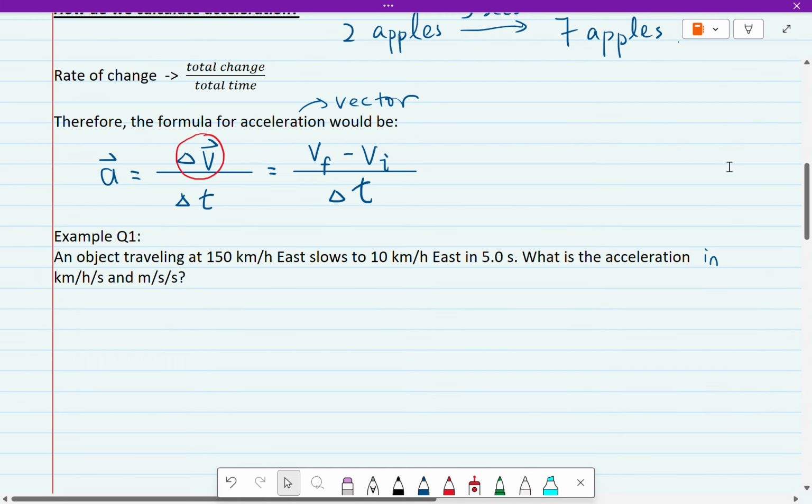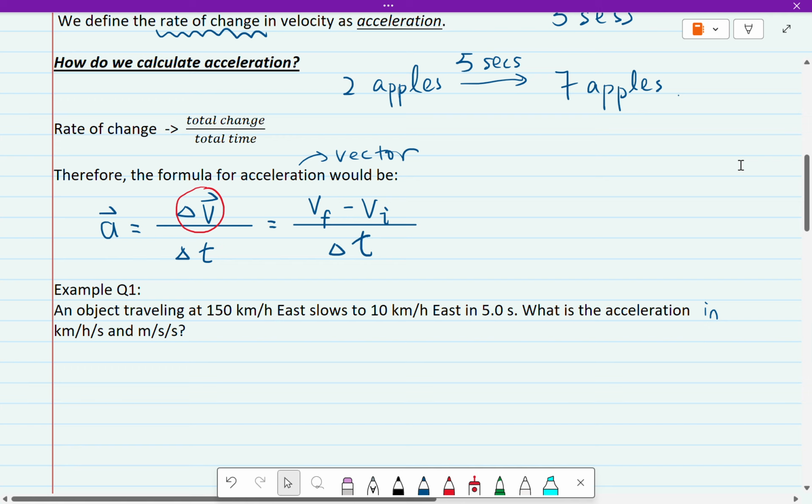Before we delve into this question, we also need to familiarize ourselves with the unit used for acceleration. We can apply dimensional analysis to understand the unit.